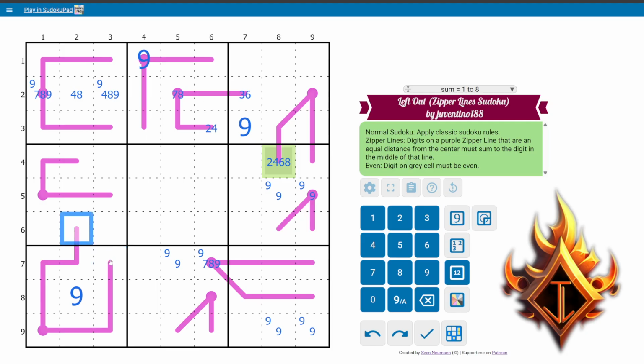So these two are going to be the same. And this does need to be a 7 or 8.